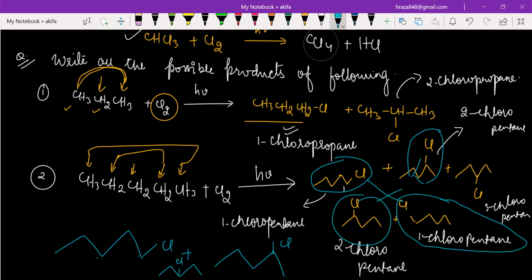Here it is, combustion. The second chemical property is combustion. Combustion, you know, is the burning of anything, which is due to oxygen. Whenever we talk about the chemical properties of alkanes, they will react with oxygen.